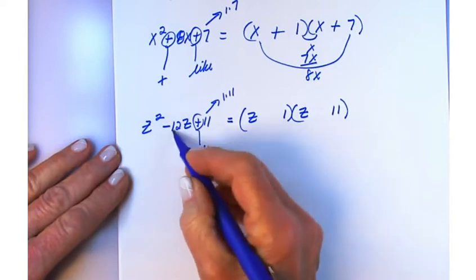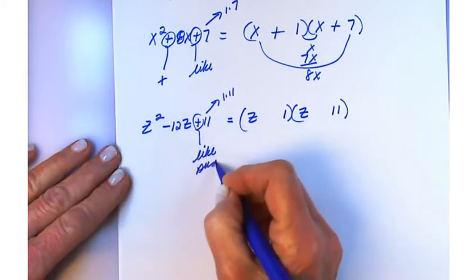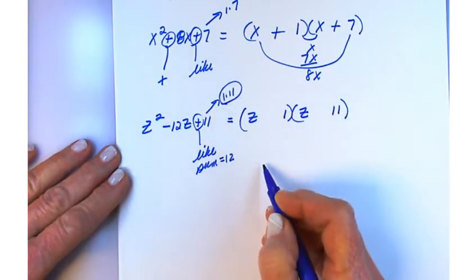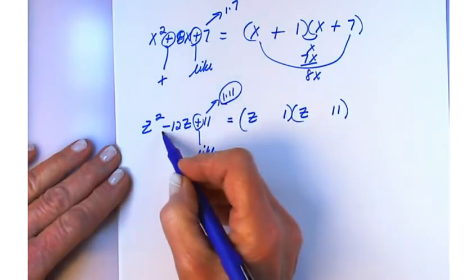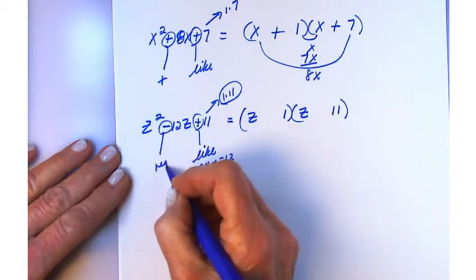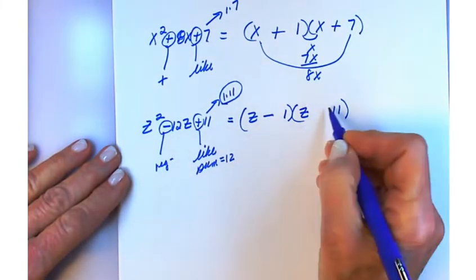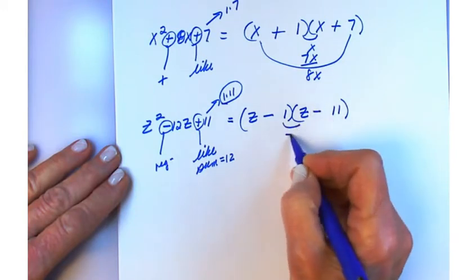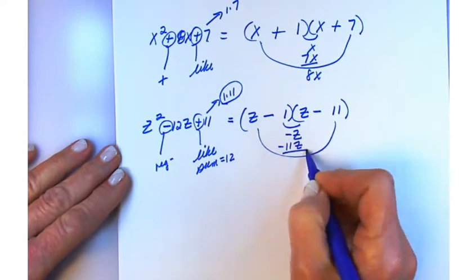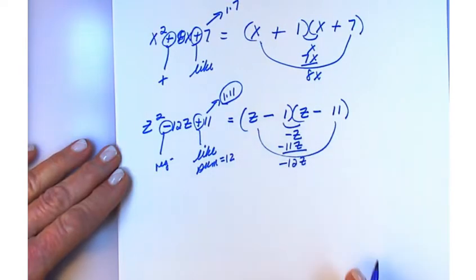If they're like, we need a sum equal to 12. 1 plus 11 is 12. Well, what sign do I need? I need negative sign. So minus and minus, I have minus z minus 11z gives me a negative 12z.